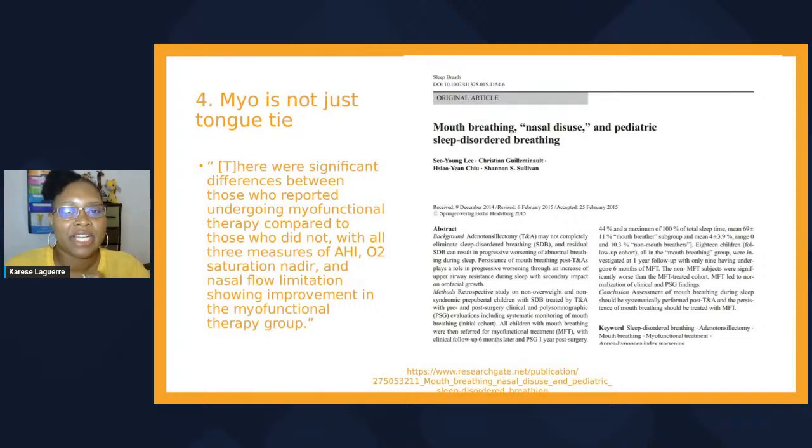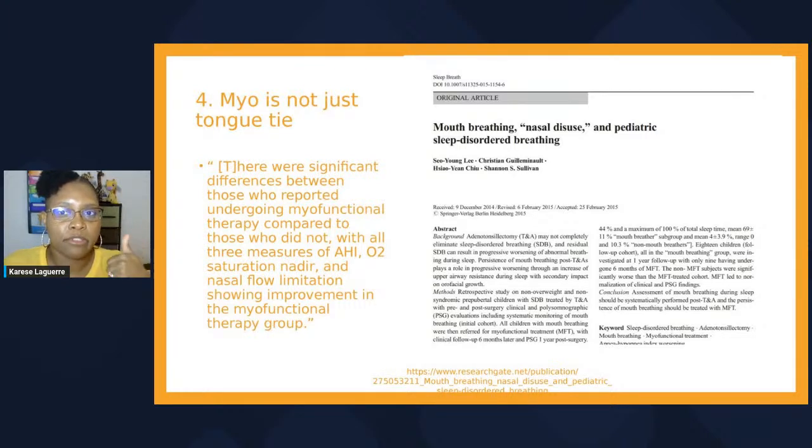Helping with pediatric sleep disordered breathing and mouth breathing. This one study determined that there were differences reported through those undergoing myo compared to those who did not. All 3 measures of apnea-hypopnea index, so their apneic events where they stopped breathing, their O2 saturation, how much oxygen did they have, and the nasal flow limitation, so how much resistance of air intake through the nose, showed improvement in the myofunctional therapy group.